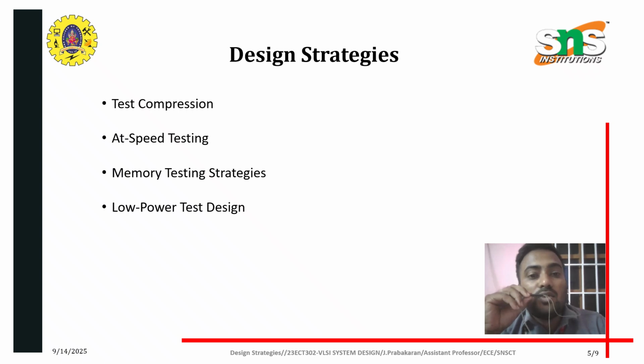We also have techniques followed in memory testing, which are March tests, March C or March Y, etc. Next one is memory built-in self-test for automated memory test. Next one is built-in self-repair with spare rows and columns for yield improvement.